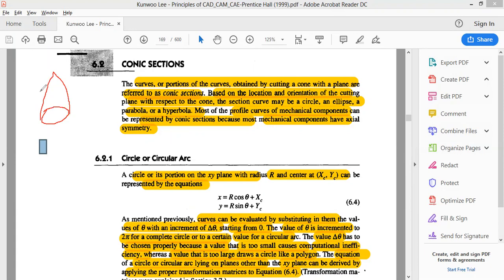As we already know, if I cut it with a sectioning plane horizontally anywhere along the height of the cone, we will be able to see something like this, a circle.